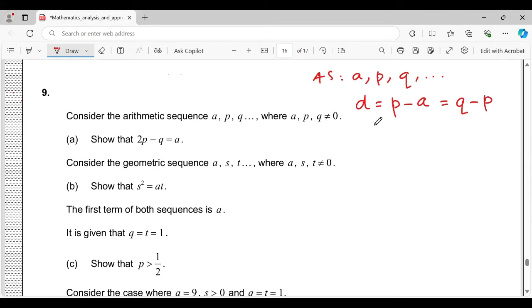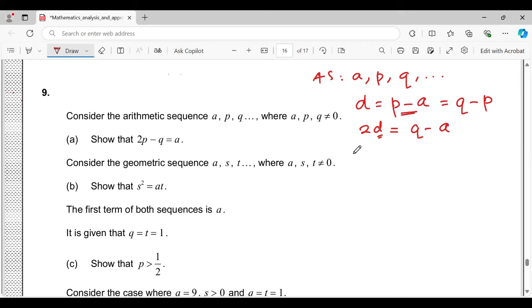So 2 times the common difference d equals q minus a, and d equals p minus a.